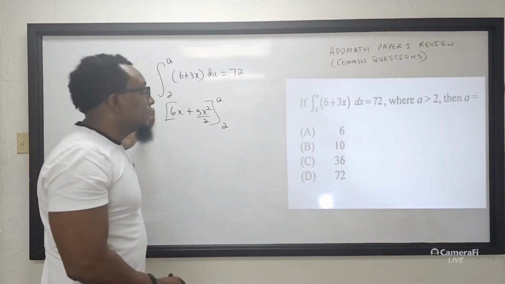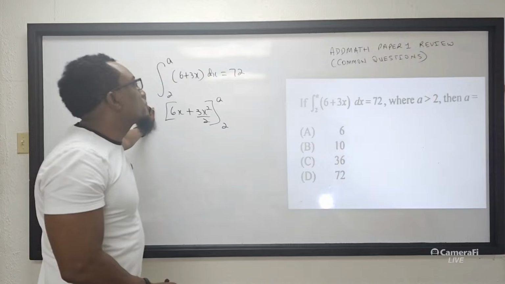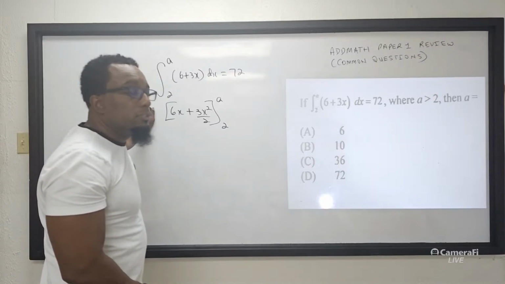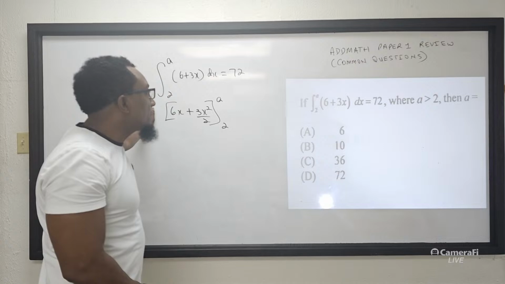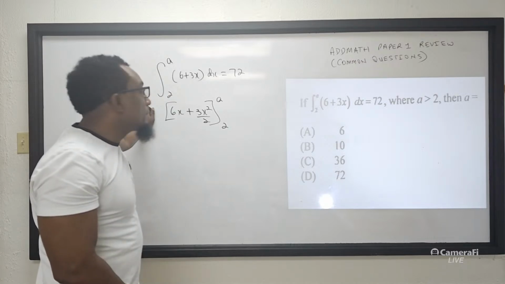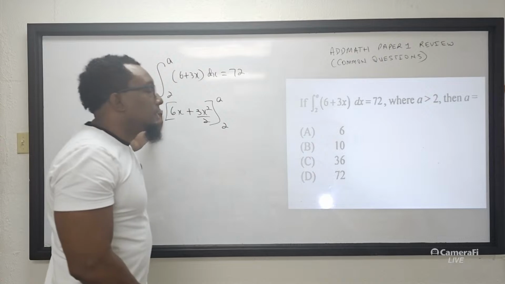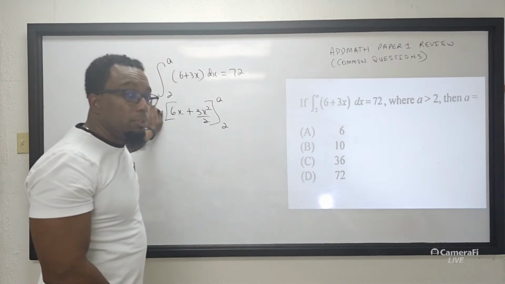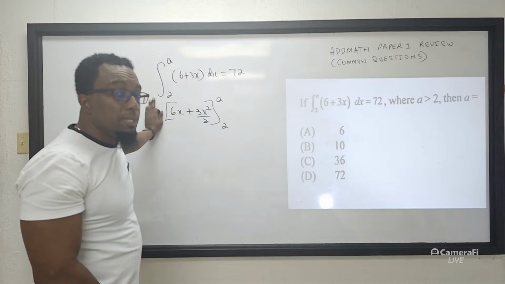And if a is 6, let's try 6 please. I'm replacing a with 6 now. If a is 6, let's see when I use the limits in my result after I've integrated the function given, let me see if I'm going to get 72.